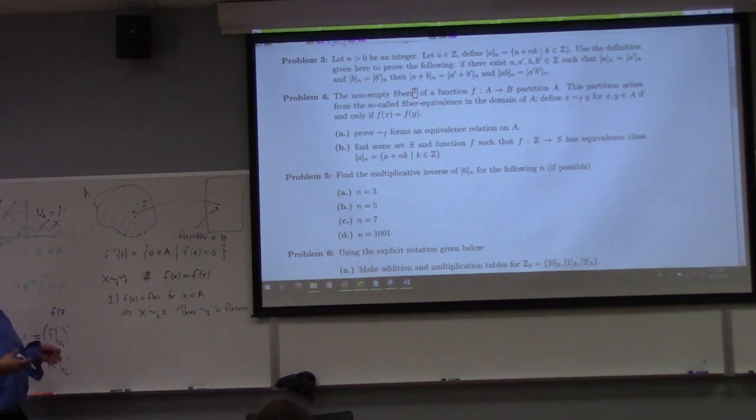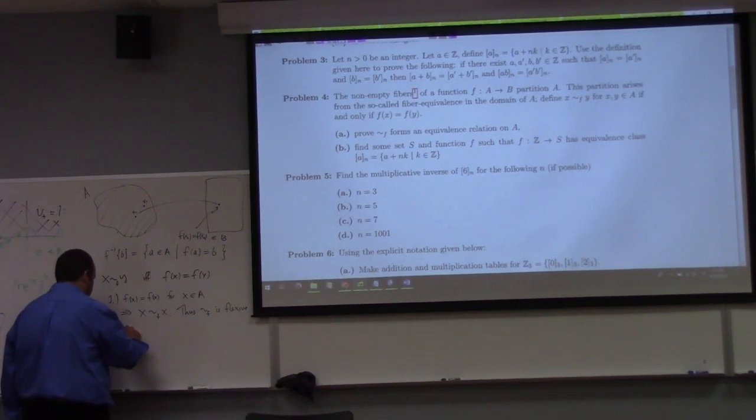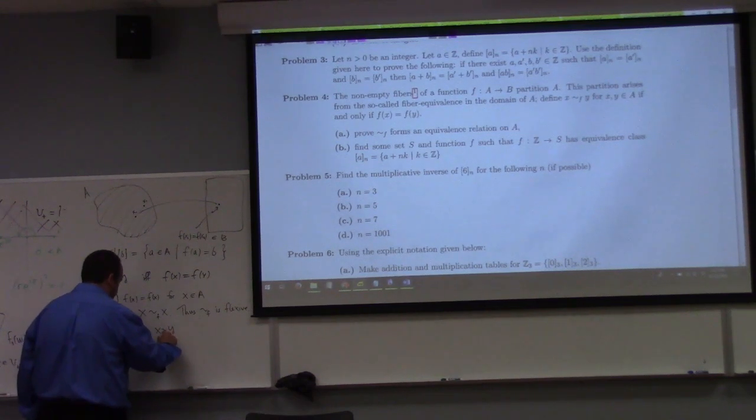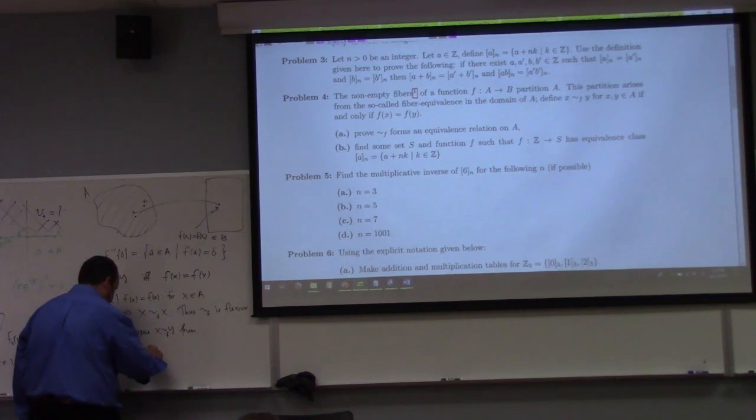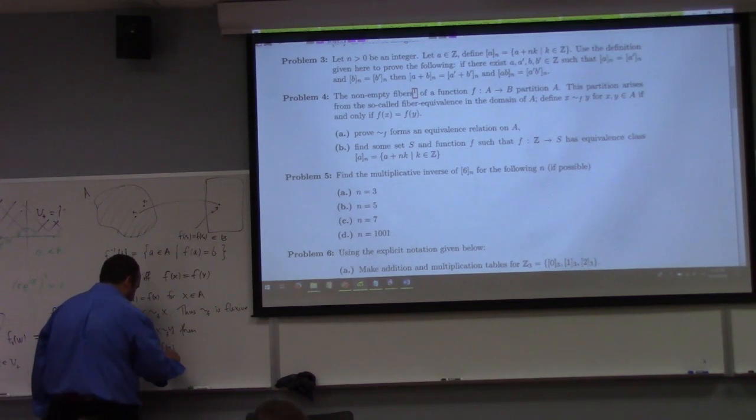Now, symmetric and transitive, I think, are easier, because you say, suppose x is related to y with f, then f of x is equal to f of y. What's that imply?